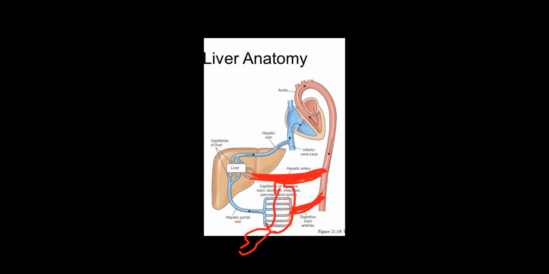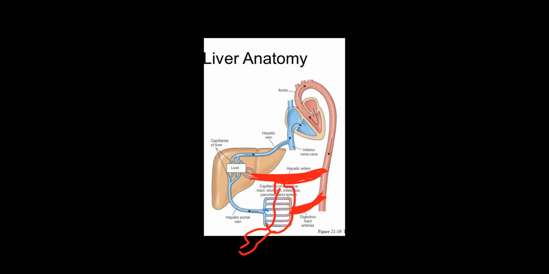The blood of the alimentary canal, instead of going directly back into the superior and inferior vena cava, rather, for any organ other than the digestive tract, think about it: it receives one artery, and from it one vein emerges that will go and join ultimately in the vena cava.